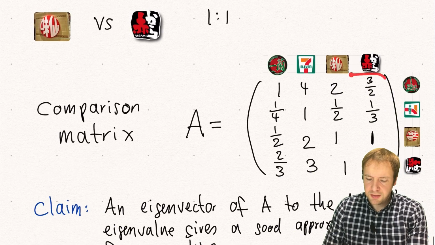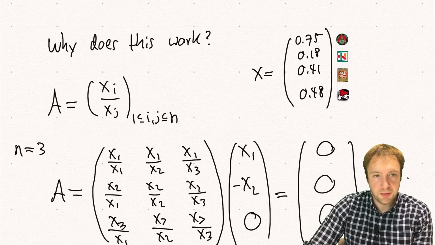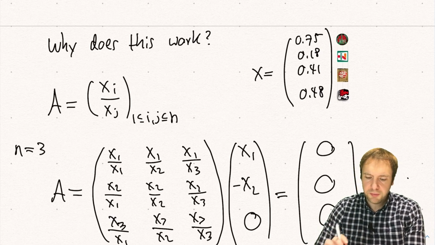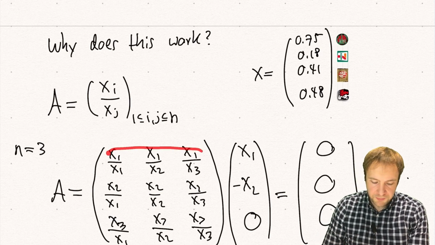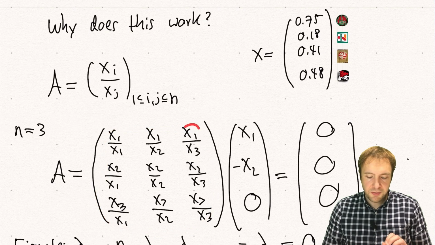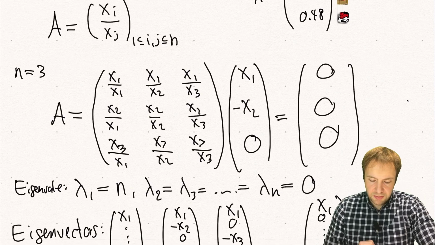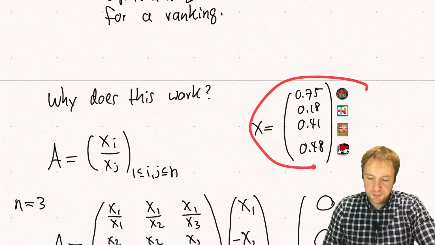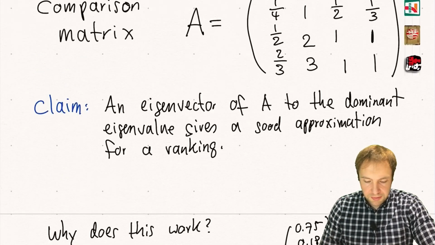So it's really just an approximation, and therefore we saw that in Python the eigenvalue was not exactly 4, the eigenvalue was 4 point something. But even though the numbers inside the matrix are not exactly given by these fractions, it still gives a good approximation of the eigenvector. And this gives a good solution to a ranking of, in this case, restaurants.